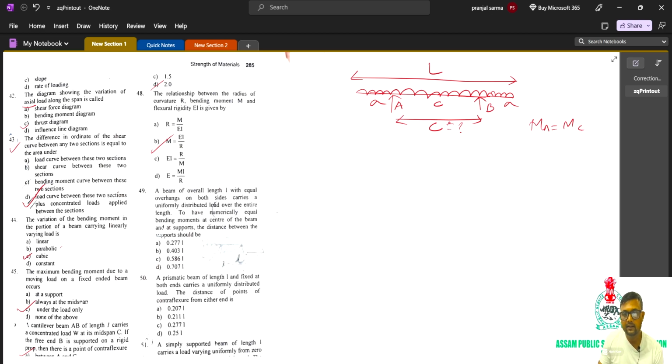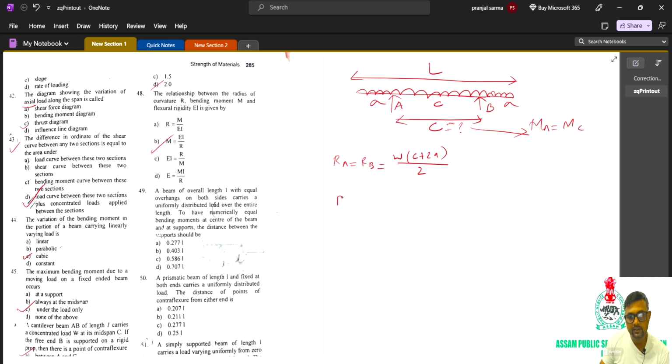This you have to find for MA equal to MC. So how to calculate? First, the reactions. RA equal to RB equals W into L plus 2A by 2, in kN per meter. This is the value of RA.